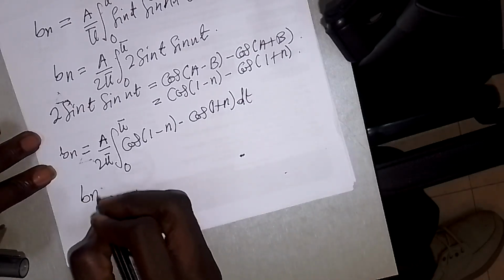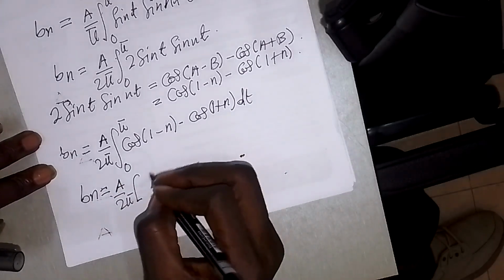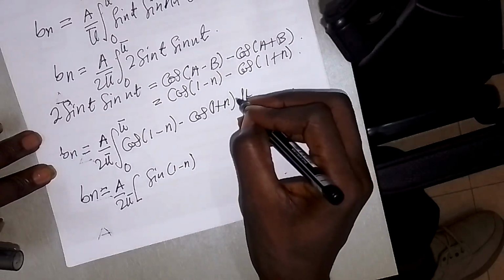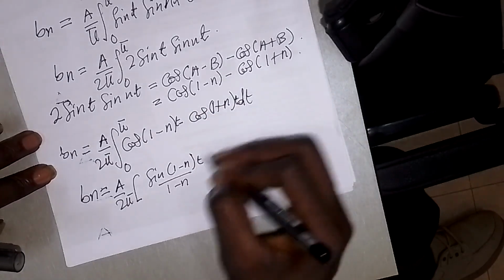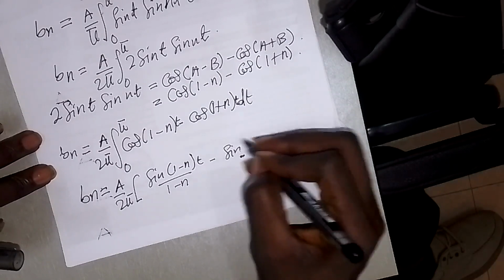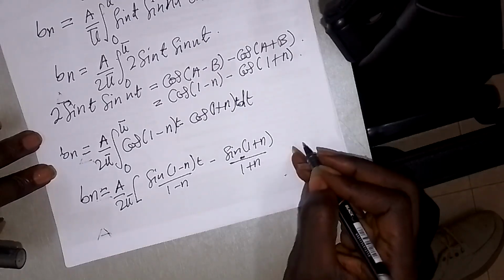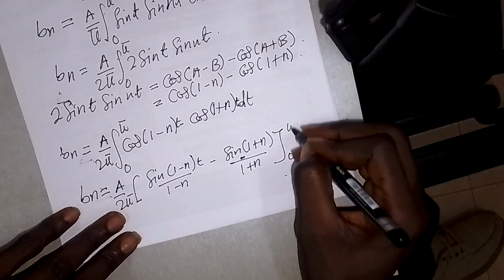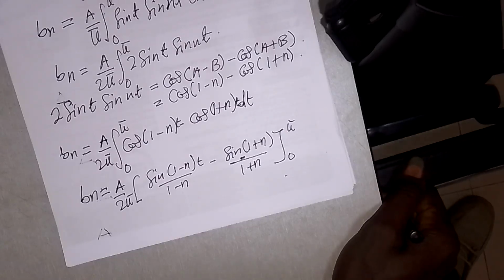So I can have Bn is equal to a on 2 pi into sine(1 minus n)t over 1 minus n, and then minus sine(1 plus n)t over 1 plus n, evaluated from 0 to pi.